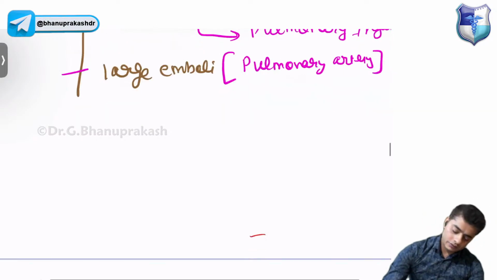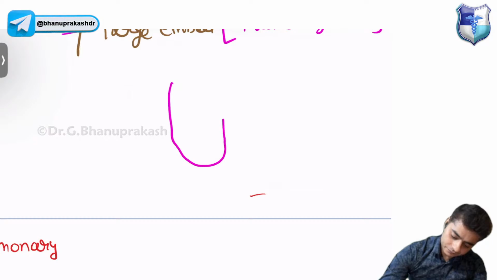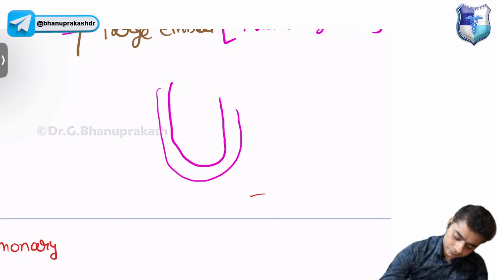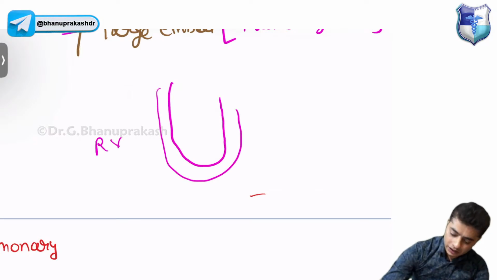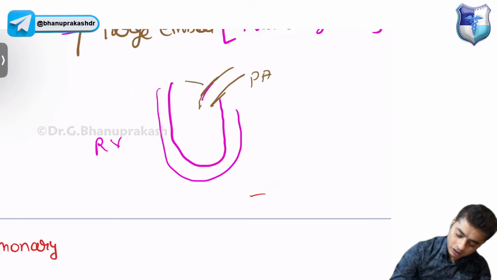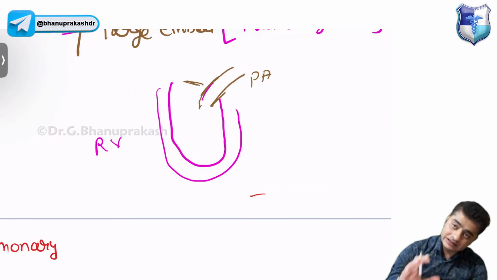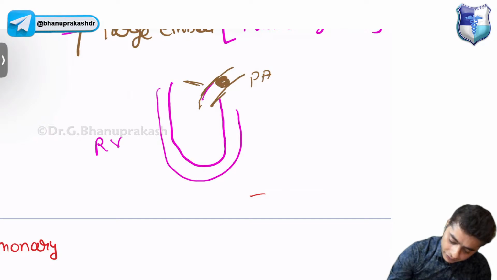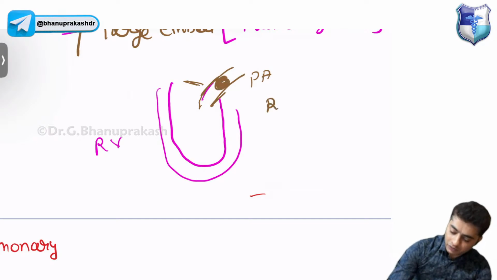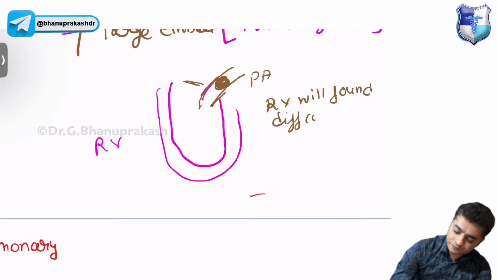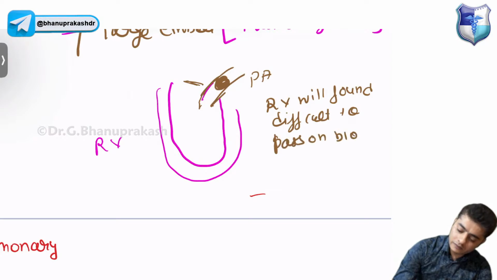Now, if this is your heart and that is your right ventricle, and this is your pulmonary artery leaving from your right ventricle, if this large emboli dislodges in the pulmonary artery, the RV will find it difficult to pass blood to the pulmonary artery.